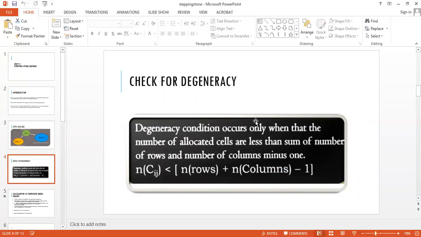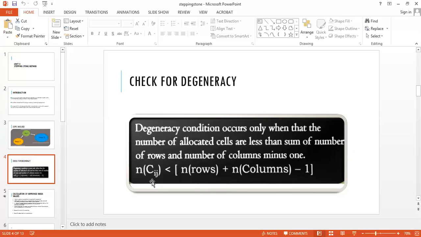So how do we check for this degeneracy? As I told, degeneracy is a condition where the number of allocated cells is less than the sum of the number of rows and number of columns minus 1. Whenever this condition is satisfied, then we say that the solution is degenerate.